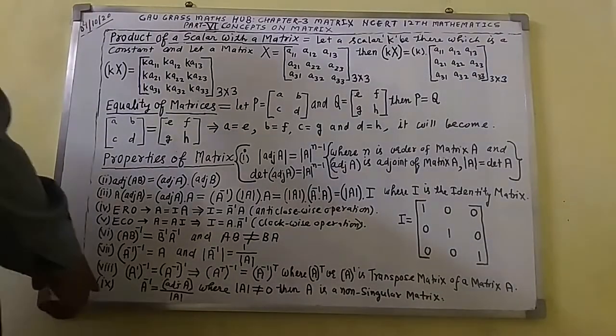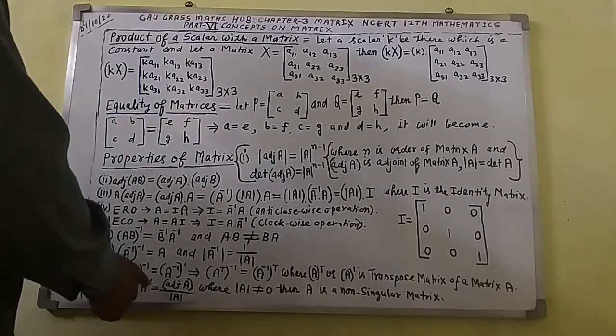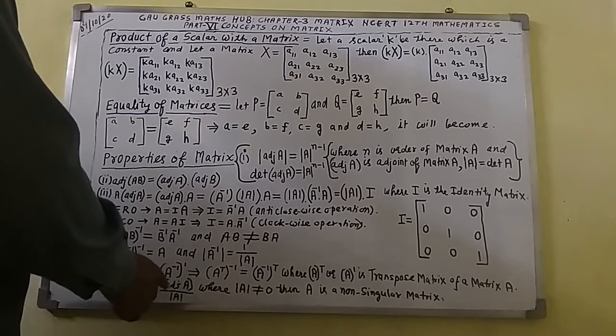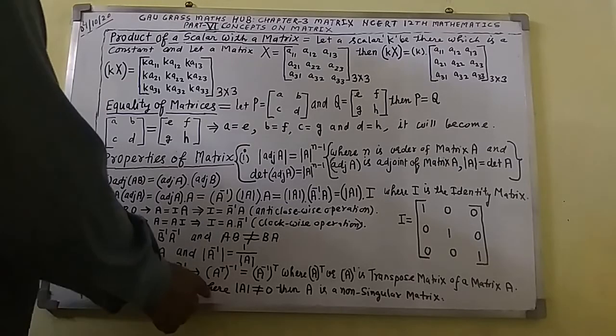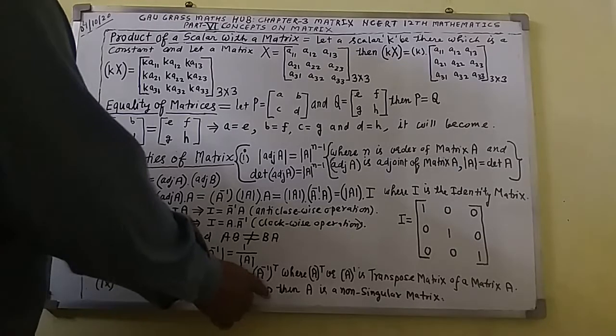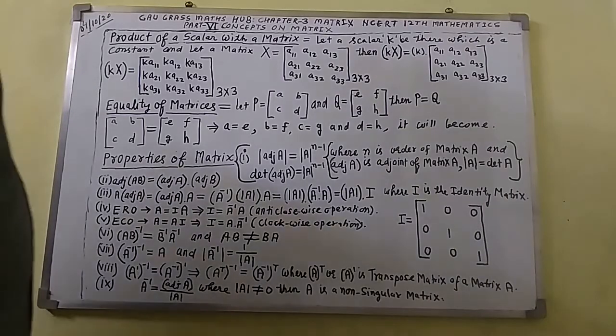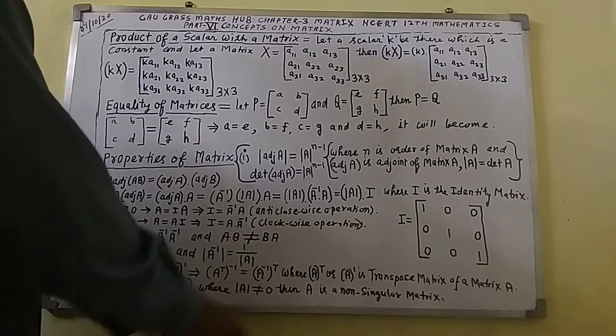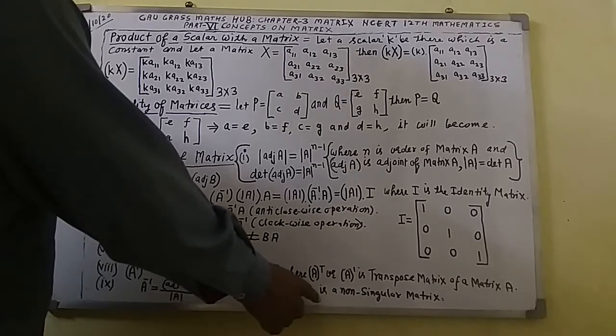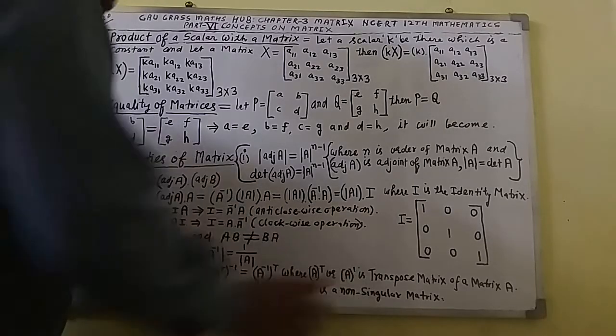And last point 9 is A inverse equal to adjoint of matrix A whole over det A, where det A is not equal to 0. If the condition is there, det A is not equal to 0, then the matrix A is a non-singular matrix.